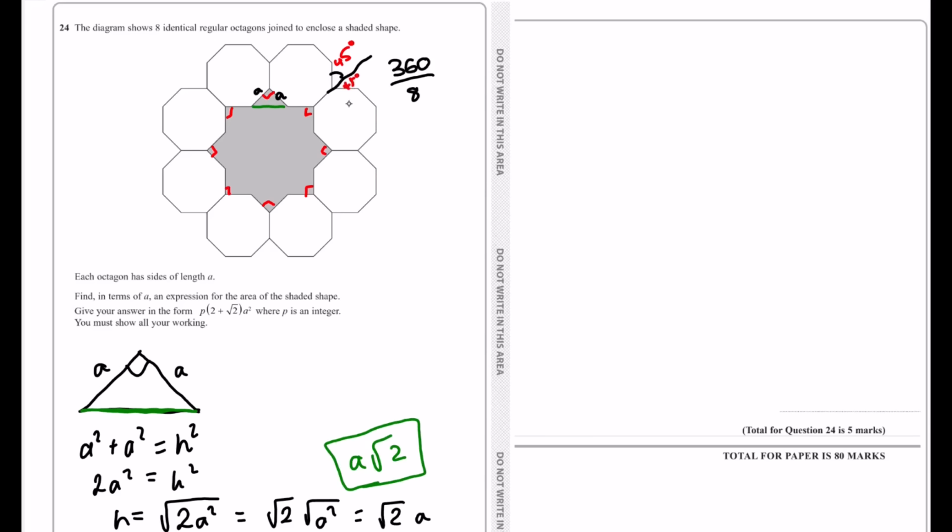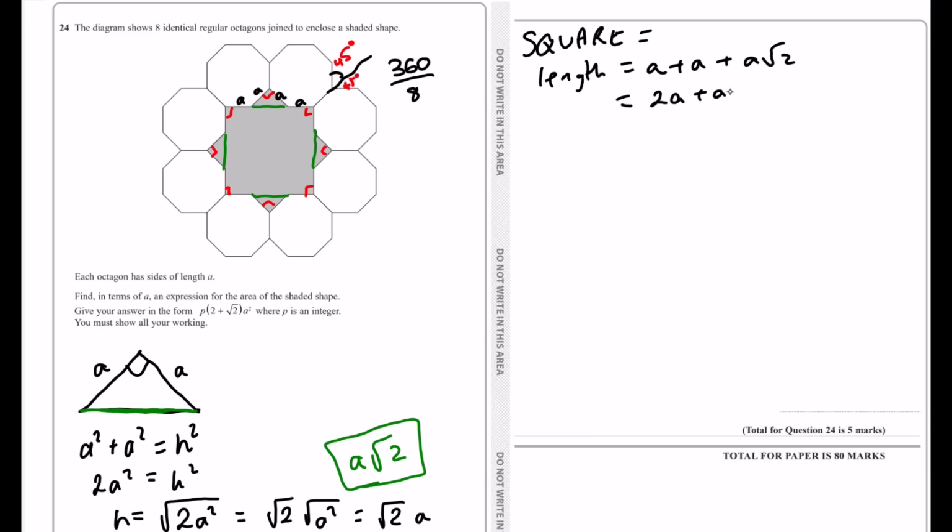And from that, we can split our shape into a square and 4 of these triangles. So for the square, we've got a, and a root 2. So we've got a length which is a plus a square root 2, 2a plus a root 2.